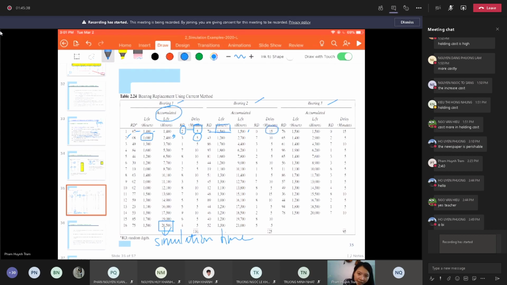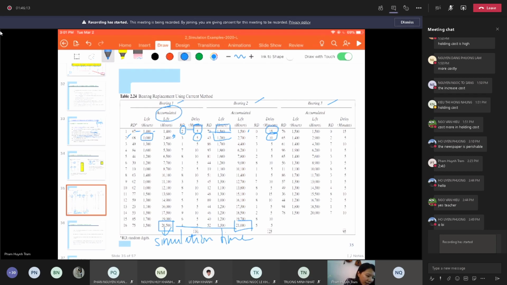It had 15 minutes this time. Then we have the new bearing 2. The new bearing 2 lasts for 1,200 hours, then fails, and we call for service. It had 10 minutes. So we continue like that, and we also stop around 21,000 hours, similar to bearing one.